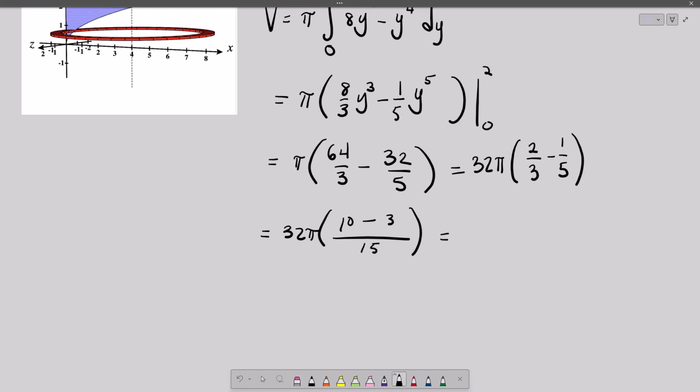So let's see, no common factors between the 32 and the 15, so we know we're going to end up with a 15 at the bottom. And then this is going to be 7 times 32. So 7 times 30 is 210, plus 7 times 2, which is 14, so 224. And then a pi.